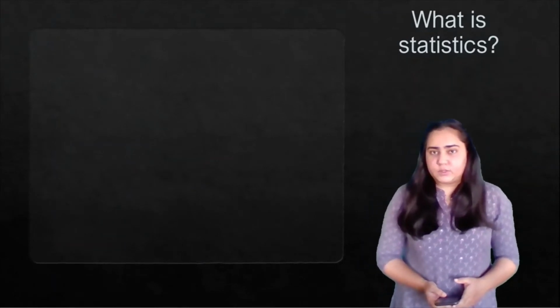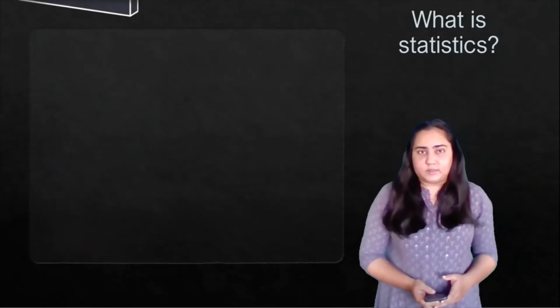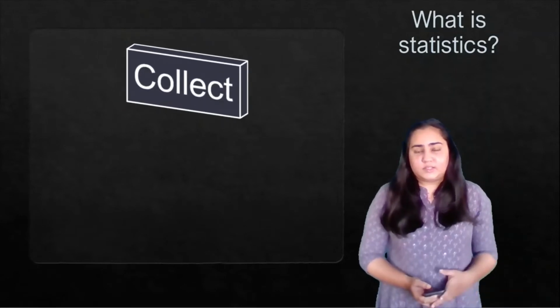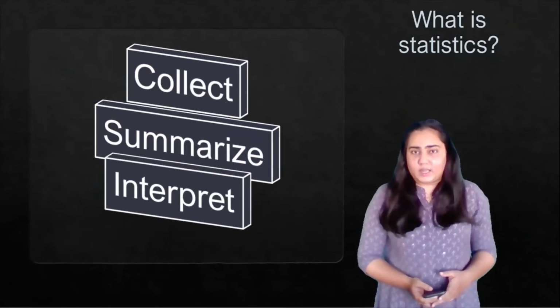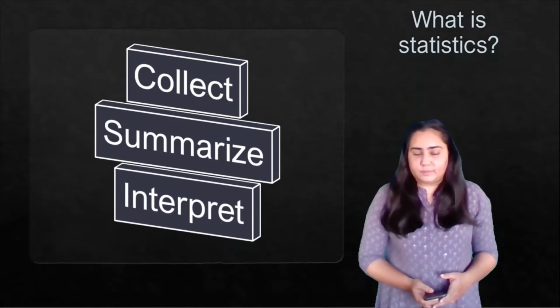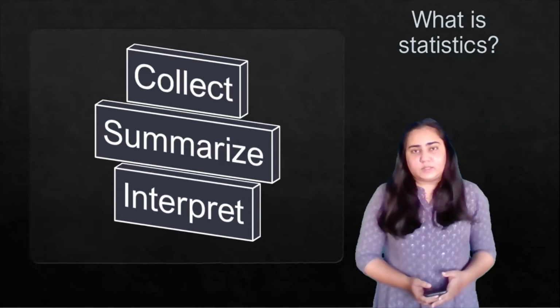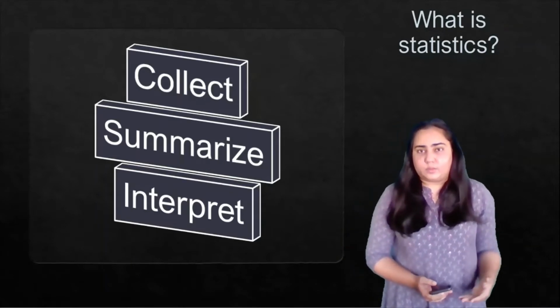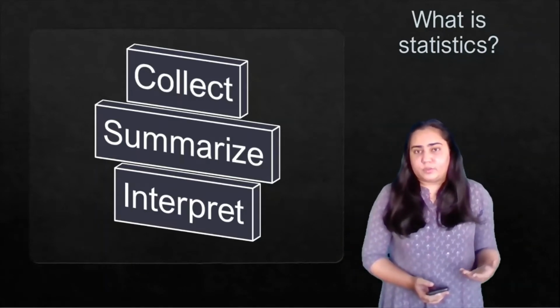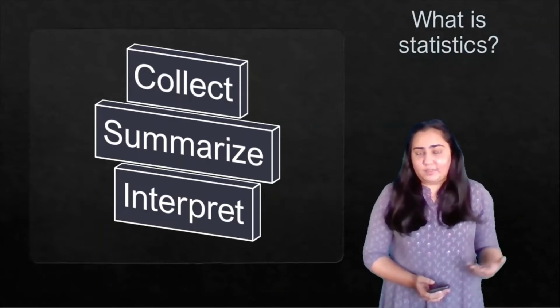So first we are going to see what statistics actually is. Statistics is used to collect data, it is used to summarize data, and it is used to interpret data. So to collect means gathering the data, because it's not always readily available. Sometimes to solve a problem, you have to get the data.